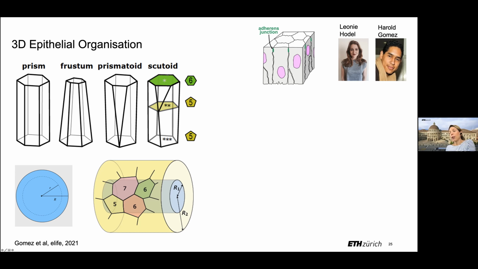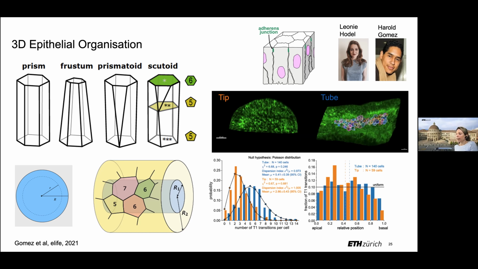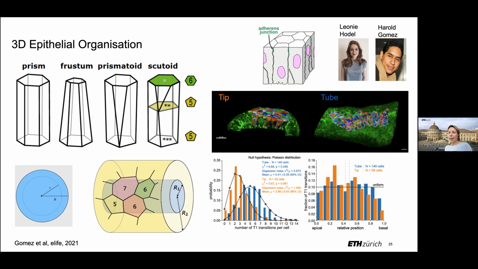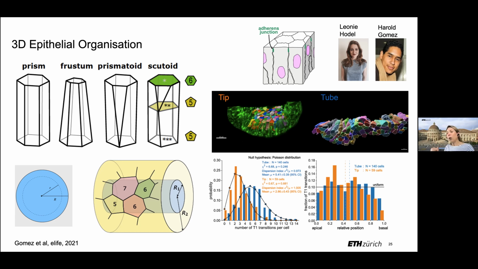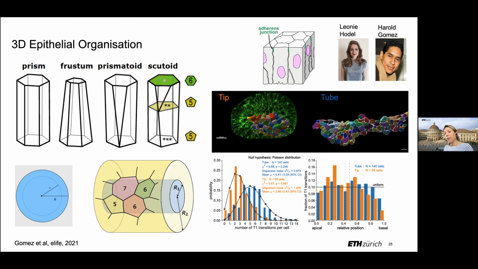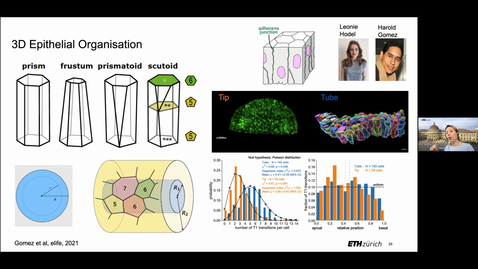And then this structure is now called scutoid, that was introduced like 2-3 years ago. So here in this example, at the top here, you would have 6 neighbors, and then you go to a structure where the cell only has 5 neighbors. So now when we quantify the cells in our tissue, we follow each cell and we check how many neighbors that cell has and how many times it changes its neighbors along its axis.